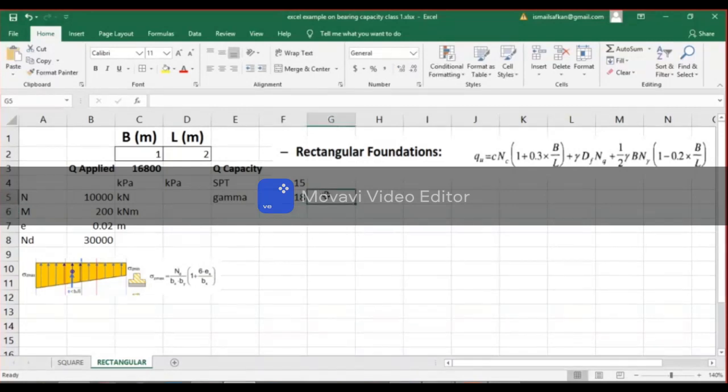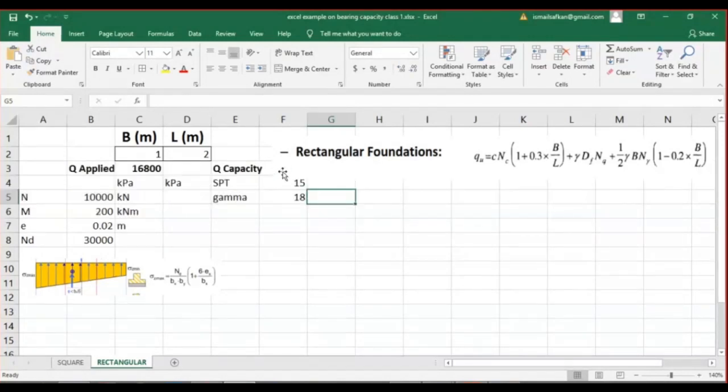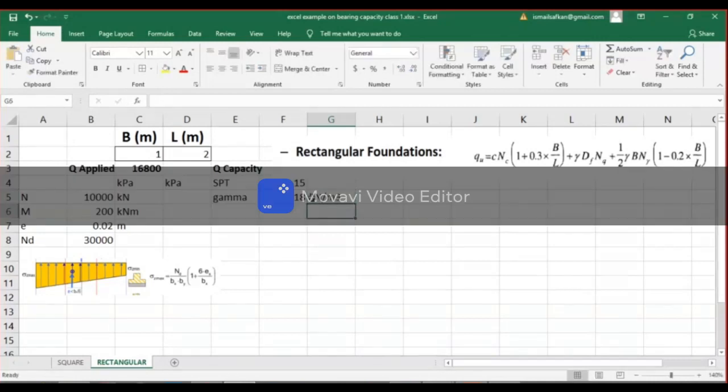For your assignment, for your project, I will give you those parameters and I will ask you to create an Excel sheet like this. And phi, it was 31, the corresponding, it was sand.